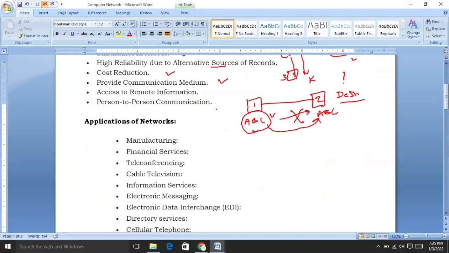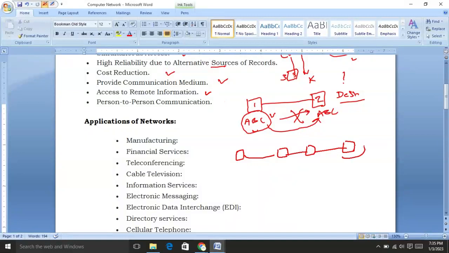That means we can communicate with everyone within the system by sending messages or mails, so we can easily communicate over far distances in an instant of time and access remote information.